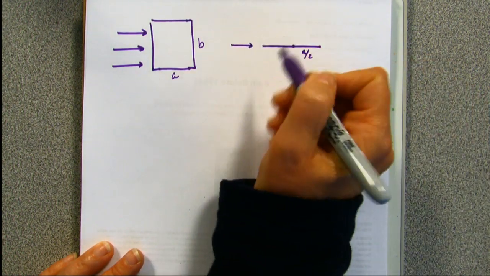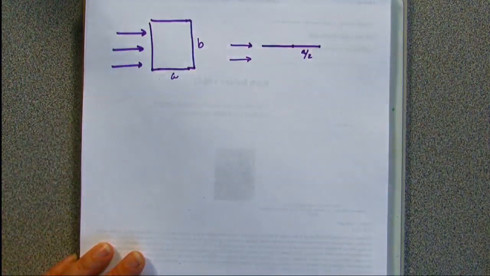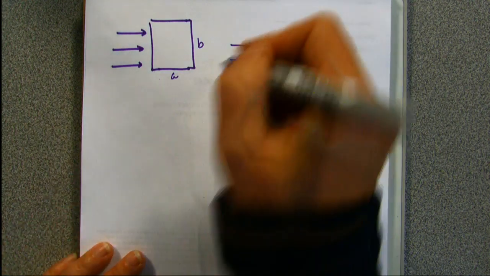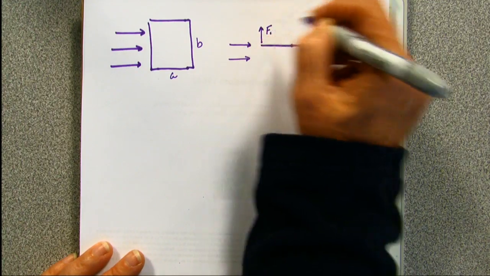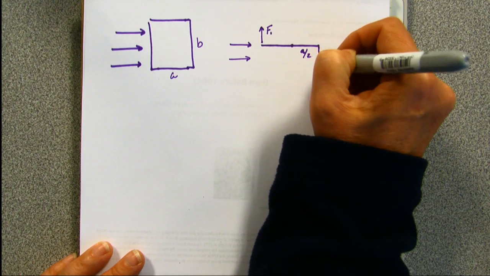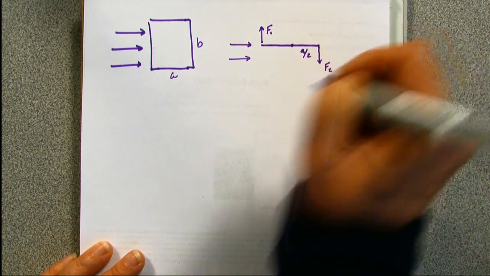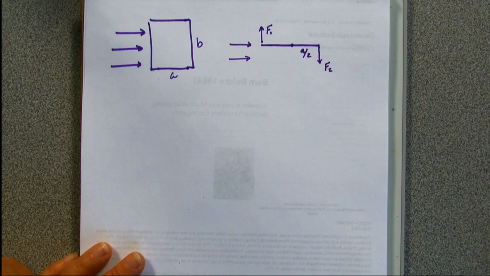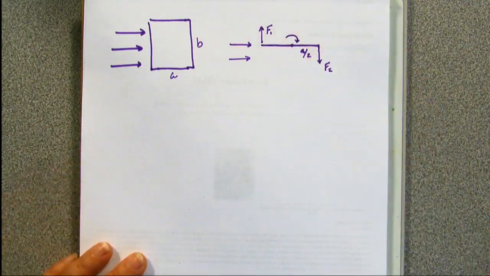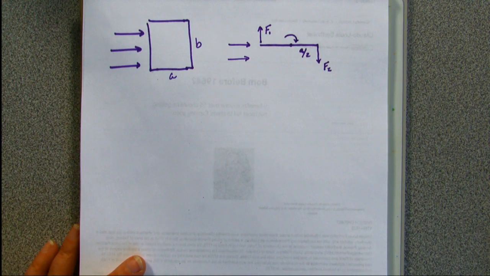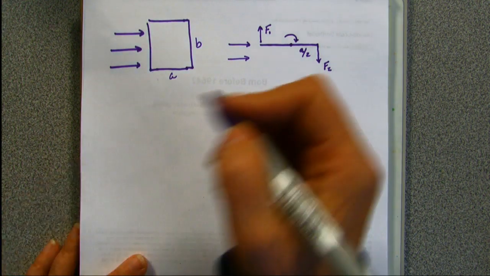I still have my magnetic field. I'll end up with a force here, and I'll end up with a force there, because we've seen that I get a force. So we're going to get a rotation about that axis there.